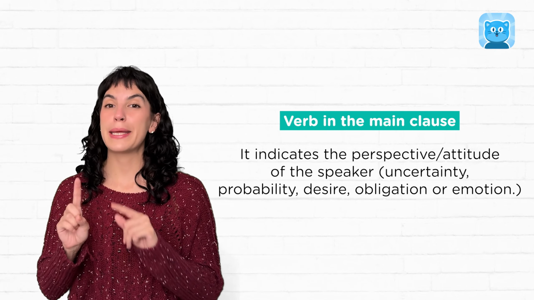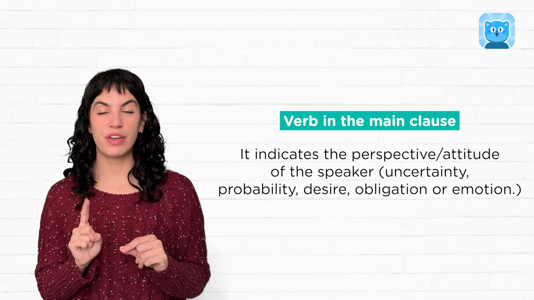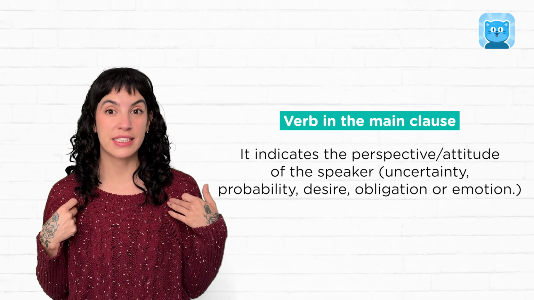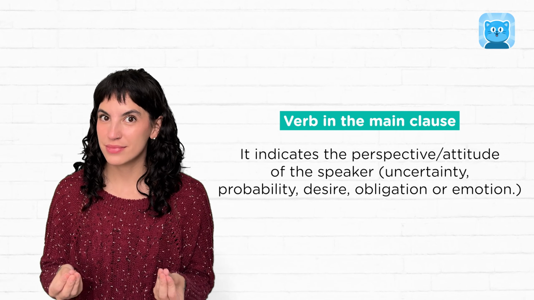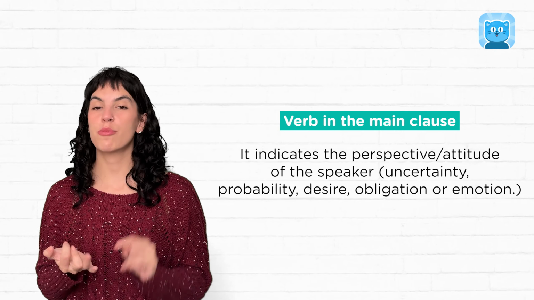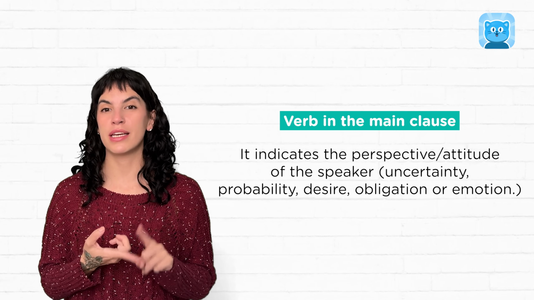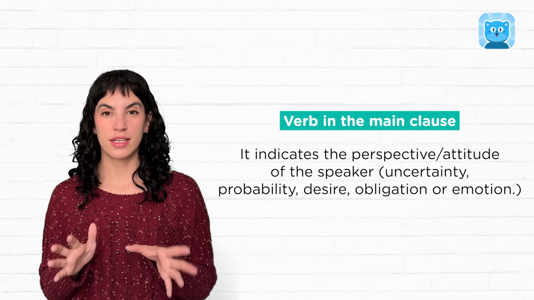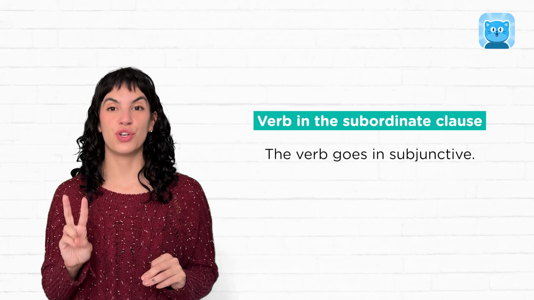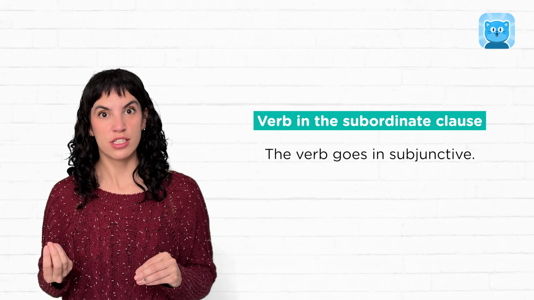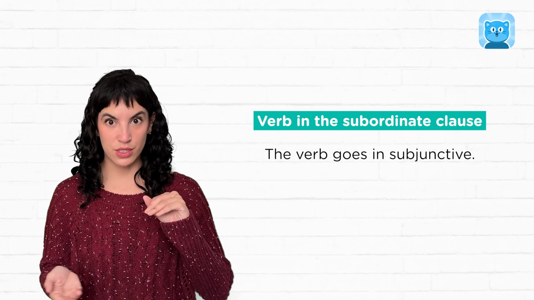So the verb in the main clause, the first verb, indicates the perspective or the attitude of the speaker. It can be uncertainty, probability, desire, obligation, emotion, okay? That normally goes in indicative. And then the second verb goes in subjunctive, the second verb, the subordinate one.